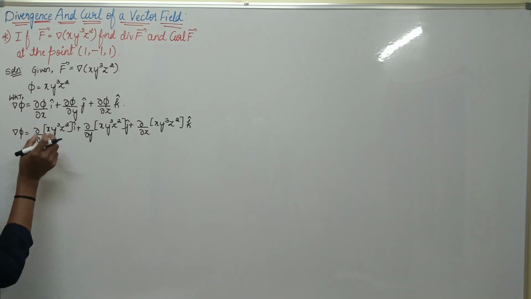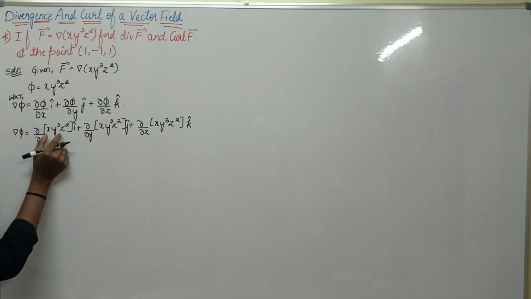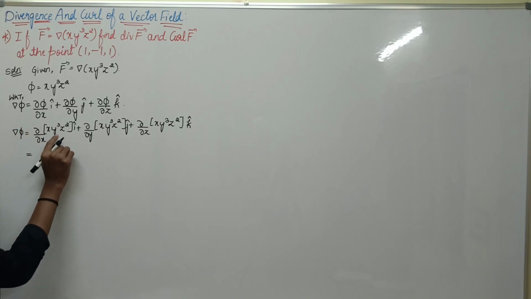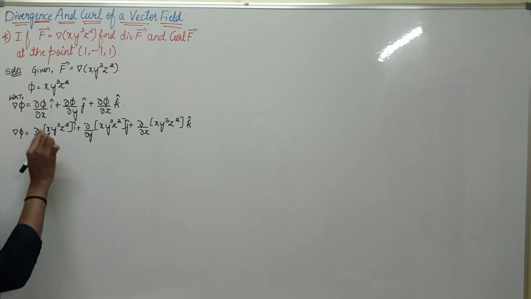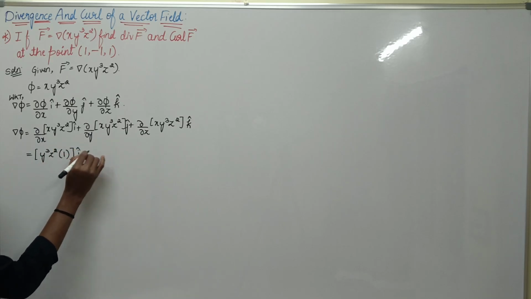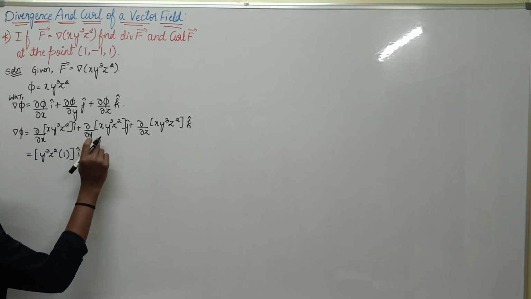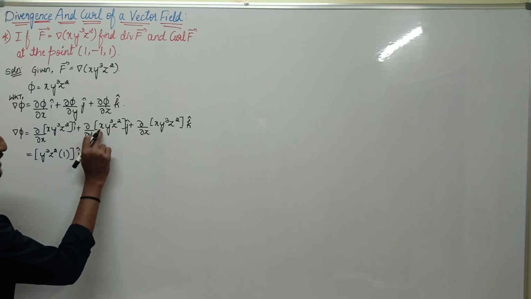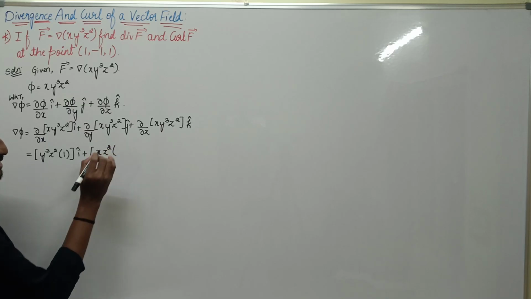Now differentiate this term with respect to x. We have x, and y cube z square is constant. Differentiation of x is 1, with respect to i cap. Now with respect to y, x and z square remain constant.